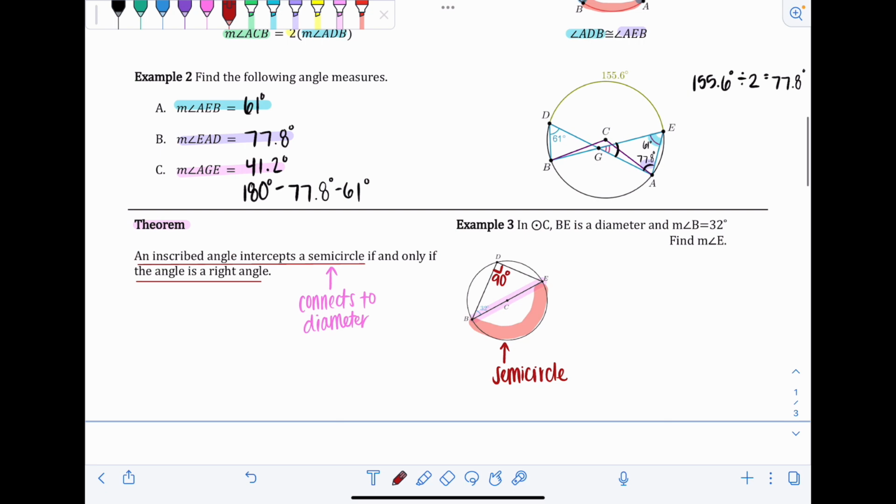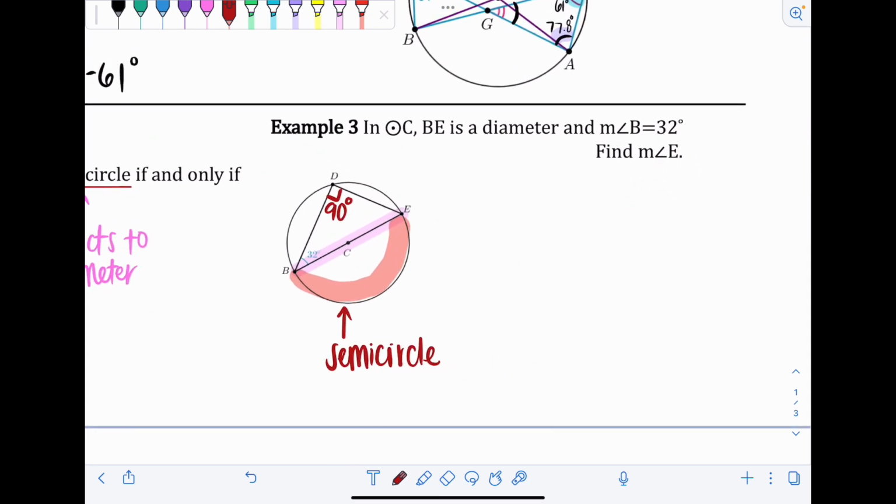And now all of a sudden we know 2 out of the 3 angles in this triangle. We know the one that's 32 degrees right here, and we know the one that's 90 degrees. We just need to find the measure of angle E now using the triangle sum theorem. So we'll do 180 degrees minus 90 degrees, and then minus 32 degrees.